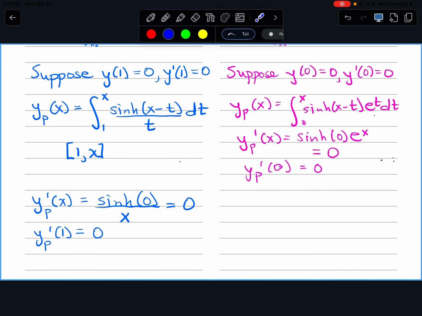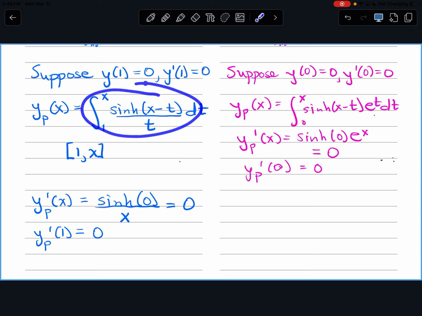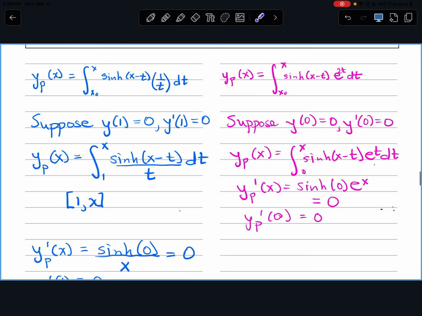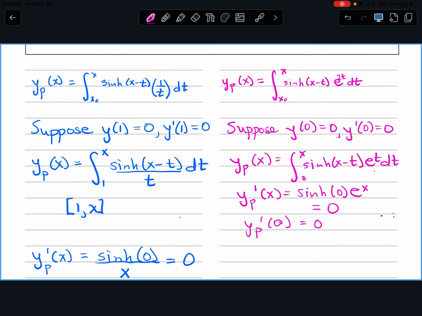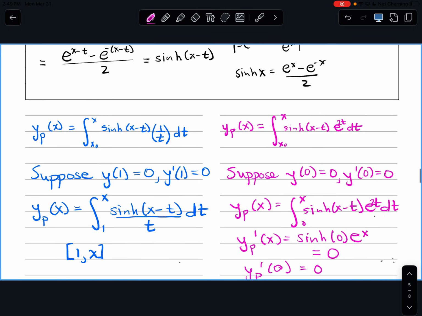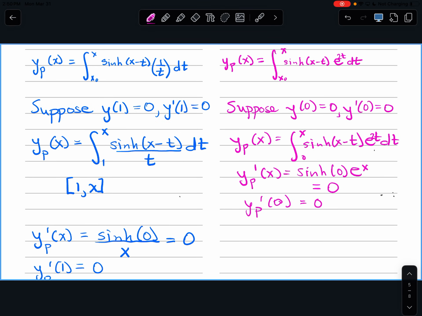Notice that y prime is going to be equal to, when you differentiate this integral and plug in x for t, hyperbolic sine of 0, which is 0. So it works. And this one over here, I won't go ahead and work through.